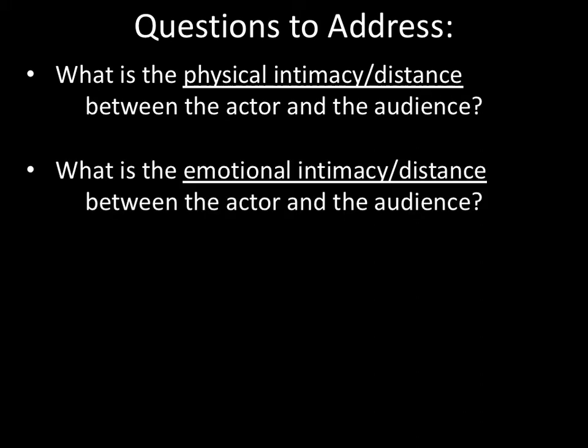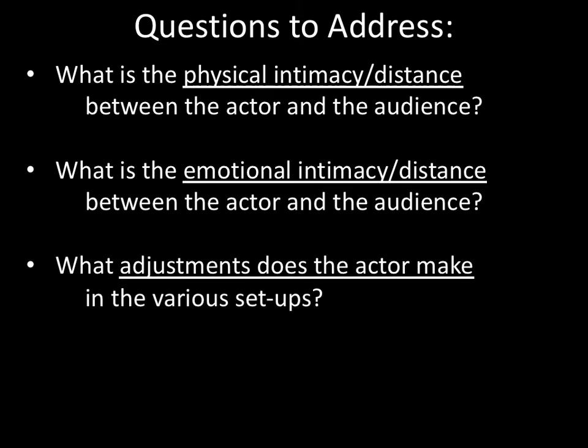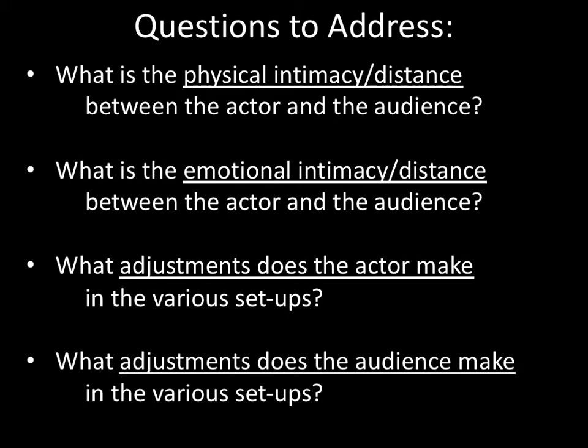And then I'm going to ask about how that relates to the emotional intimacy or the emotional distance between the actor and the audience. We'll then consider what adjustments the actor has to make in performing in these various setups, and what adjustments the audience members need to make as they are experiencing a play in these various setups.